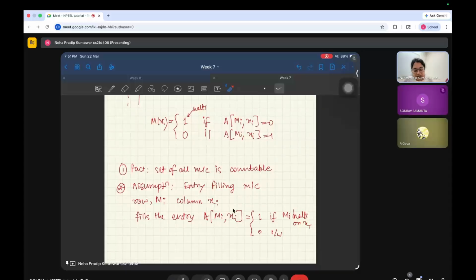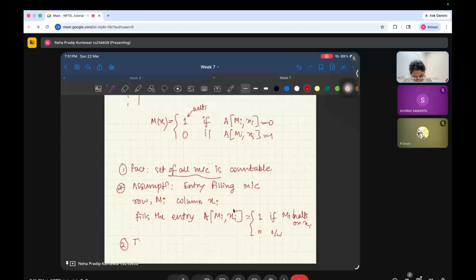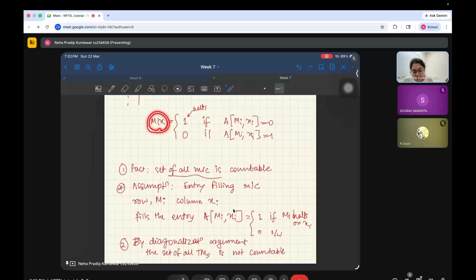Right. Yeah, and if that assumption were true, then by diagonalization argument, what we have shown is that the set of all Turing machines is not countable, because we have shown an m which is not in this set.